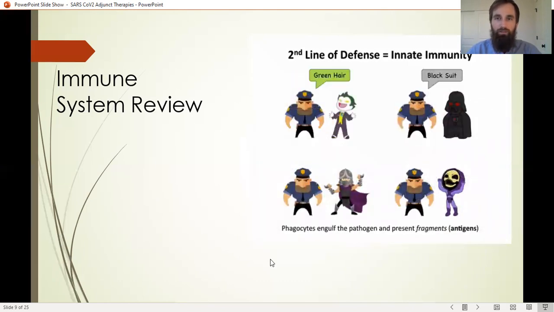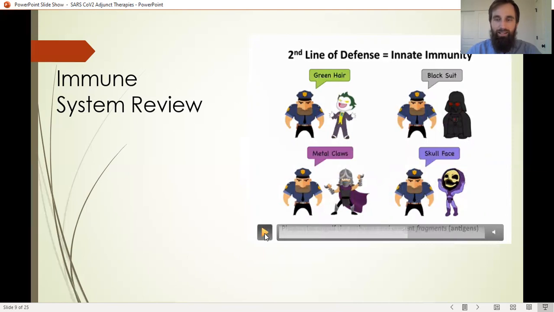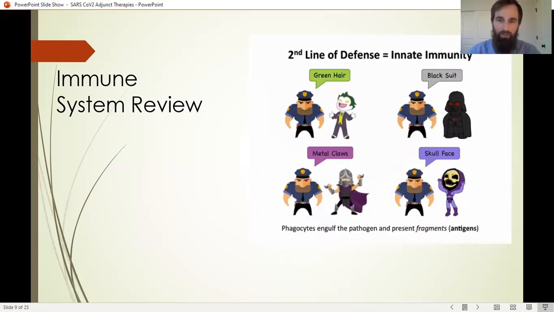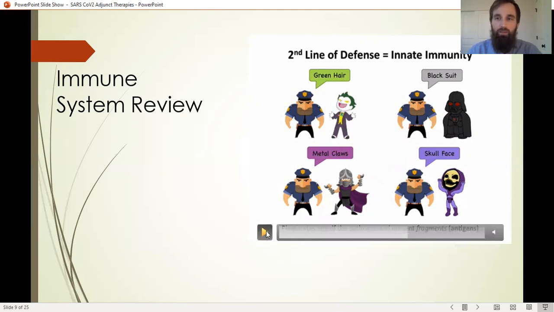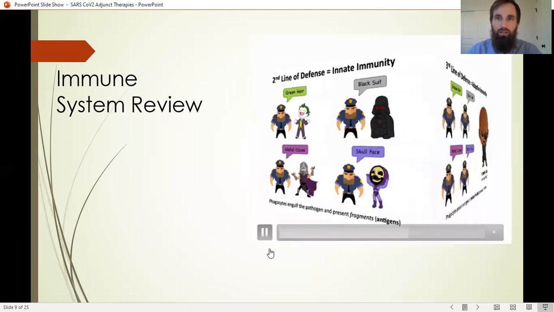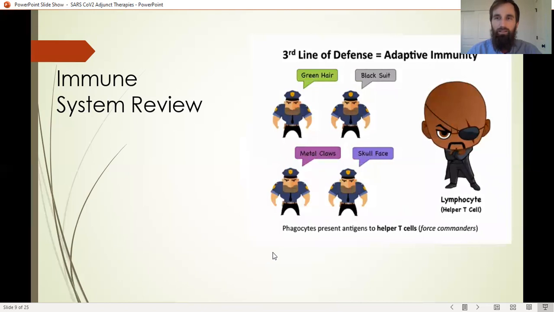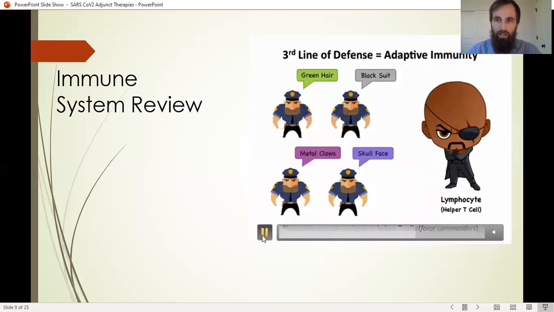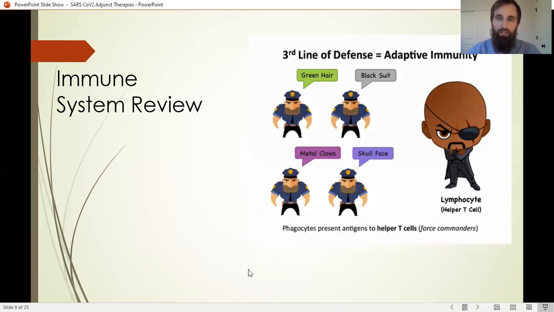So the innate immune system really takes note of some of the characteristics of the infecting pathogen, and it communicates them to the third line of defense, your adaptive immune system. That would be the helper T cells.